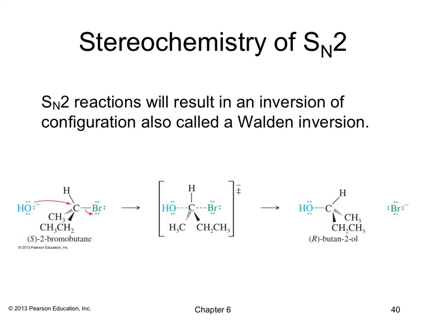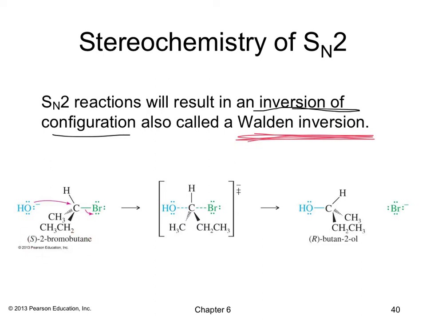As I mentioned before, SN2 reactions will result in an inversion of configuration, also known as the Walden inversion. This is terminology that you're going to have to memorize. Here again, this is hydroxide. It's attacking, and you have kick off of the bromide.